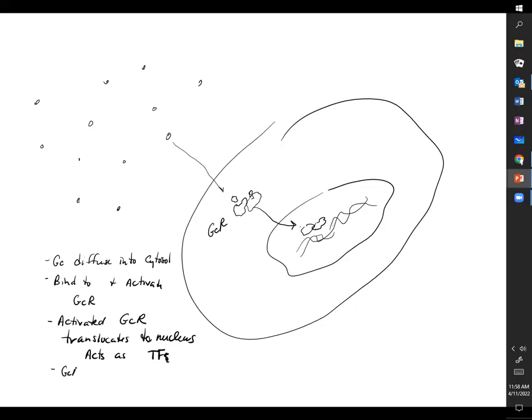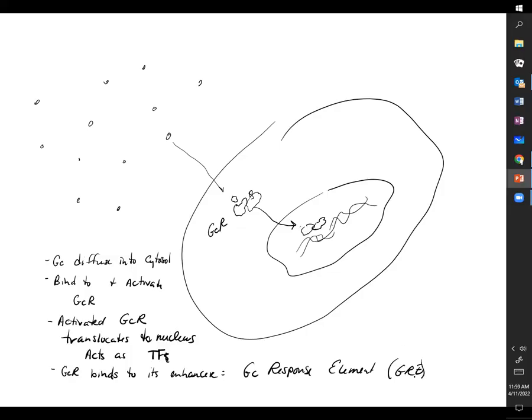The glucocorticoid receptor binds to its enhancer, which is called a glucocorticoid response element, or GRE.